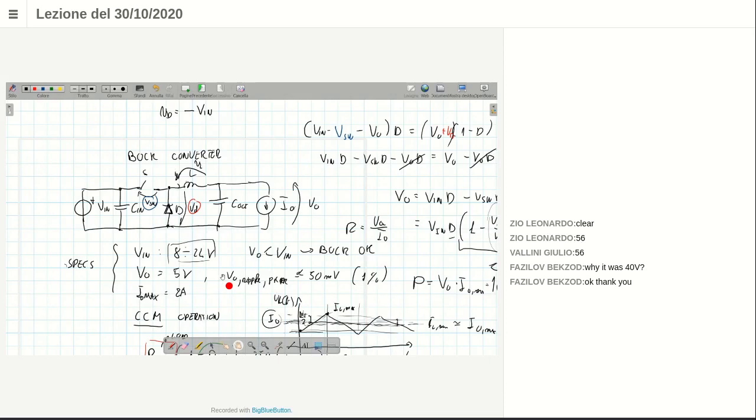Now let's conclude our design with 2 important elements that should be never neglected and should be also properly designed, that are the input and the output capacitors. What should we specify about the capacitor?